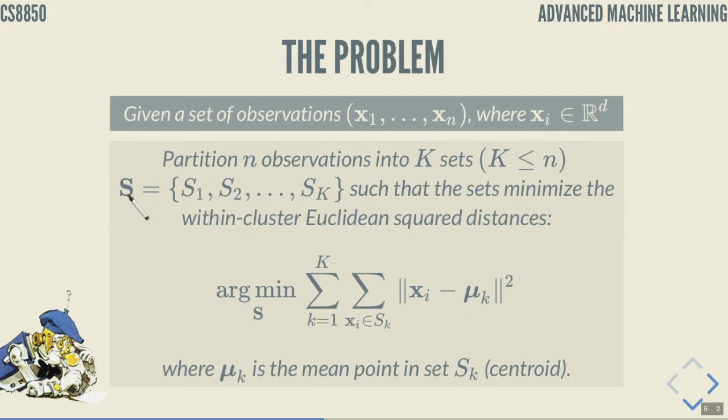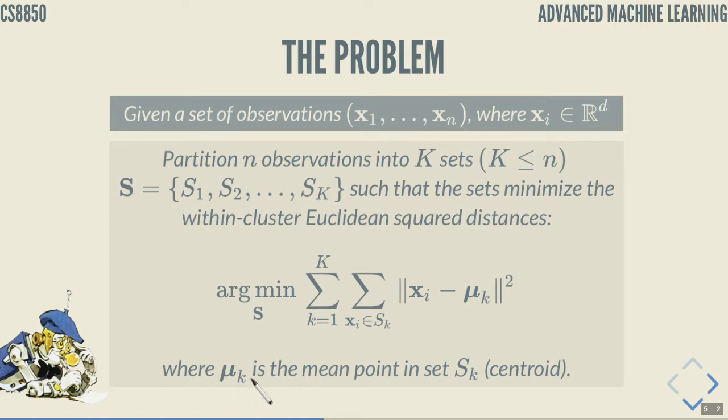And those are the subset partitions such that the sets minimize the within cluster Euclidean square distance. So we want the average within cluster Euclidean distance to be minimal.